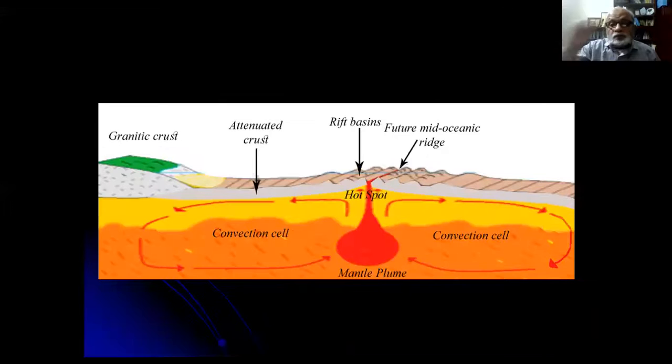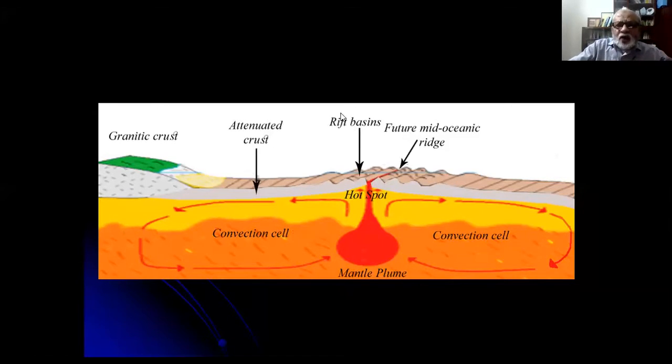Now it's just a cartoon that shows how molten material comes up. Before coming through the interior of the Earth, the crustal block can be affected in various ways.